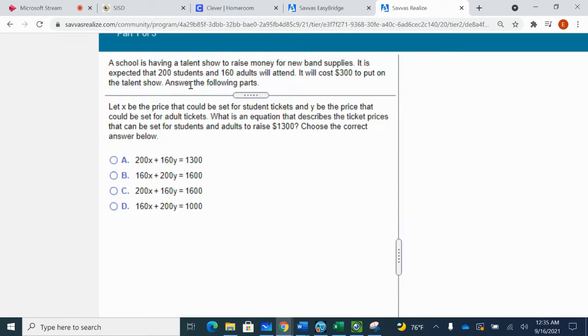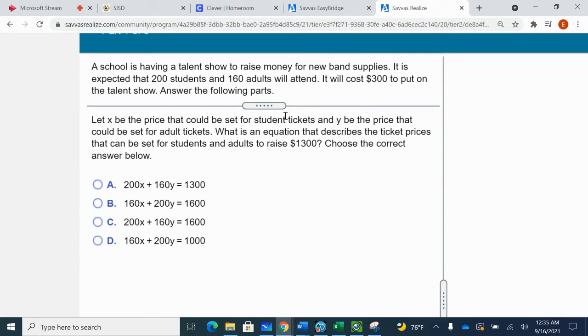Problem number 10. A school is having a talent show to raise money for new band supplies. It is expected that 200 students and 160 adults will attend. It will cost $300 to put on a talent show. Answer the following parts. All right, so again, we're given a lot of information. 200 students, 160 adults.